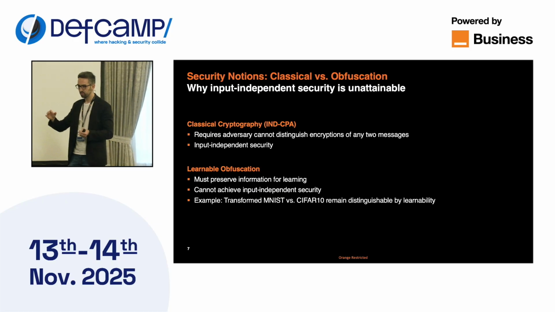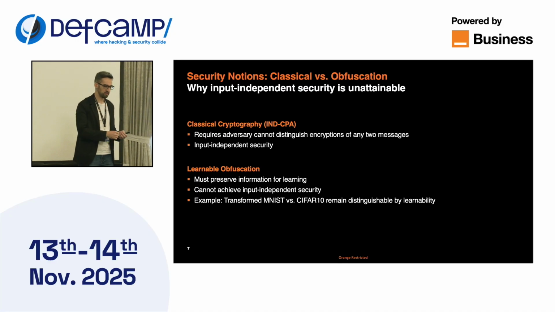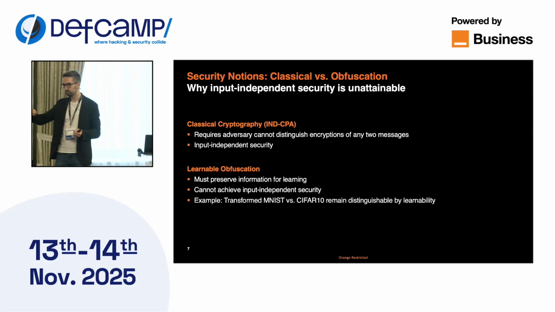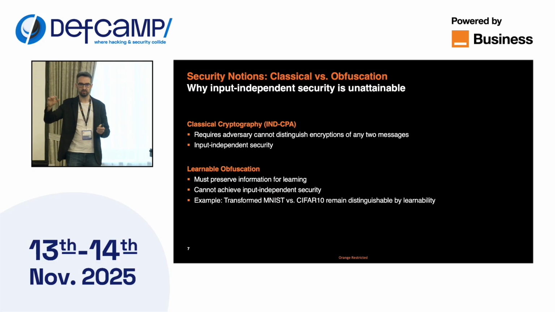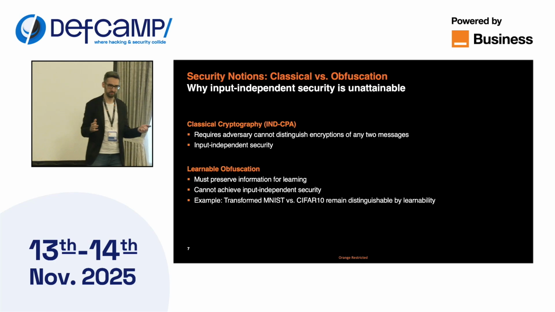CIFAR-10 is a slightly more complicated dataset. We have color images, with 10 classes, multiple objects, and so on. Usually when we learn over the CIFAR-10 dataset, we get, with reasonable algorithms, an accuracy of 70, 80%, and so on.